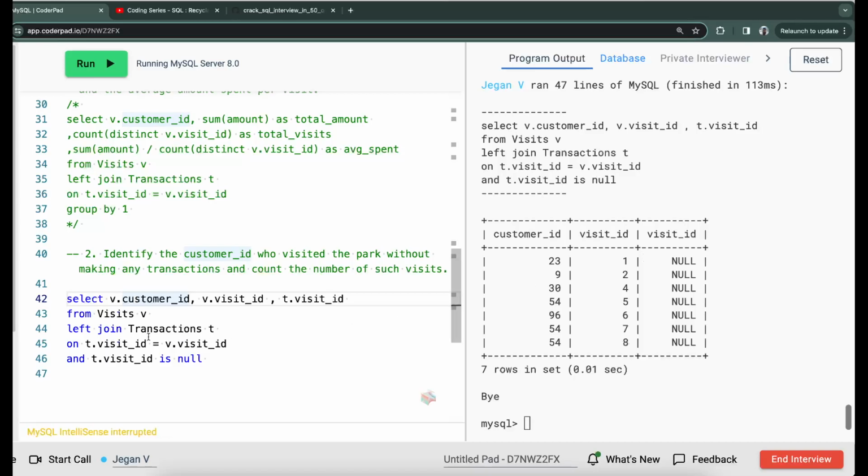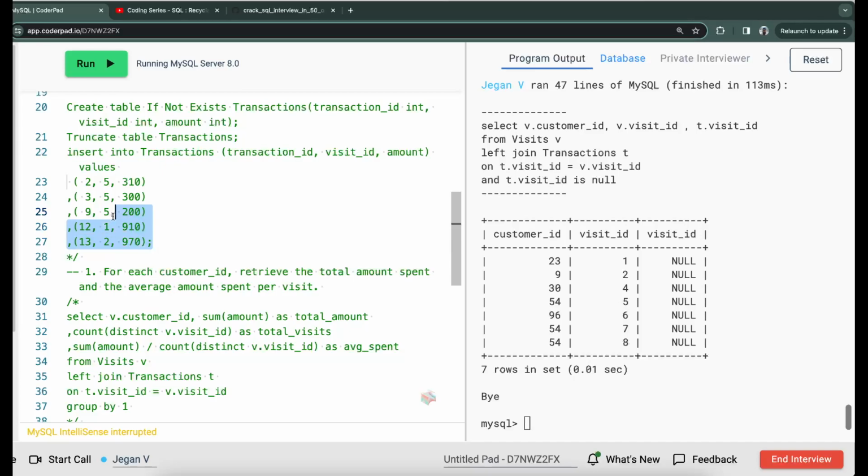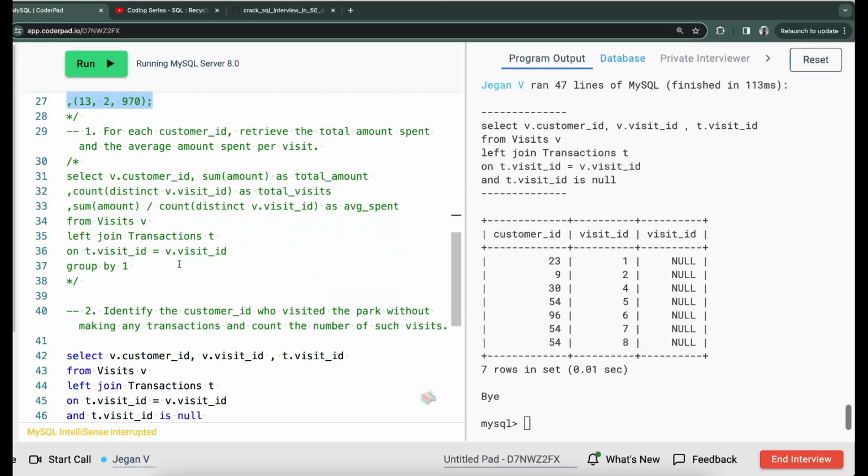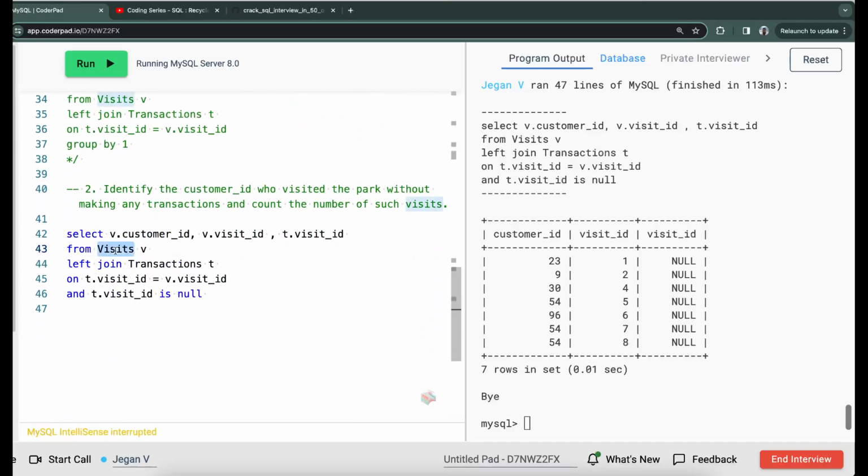It just filters the records in the transaction table where visit ID is null, right? So in the transactions table there is no record with visit ID null. So it will take the visit table and then left join with the null table. So all the records in the visit table will have a null entry for all the columns you referred from the secondary table. So AND is not the right way.